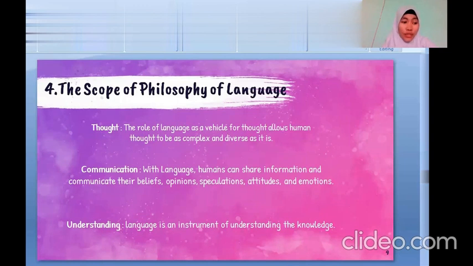By language, humans can describe their past or predict their futures and make plans based on their beliefs. Language allows humans to imagine events, contextual objects, and circumstances outside of themselves.